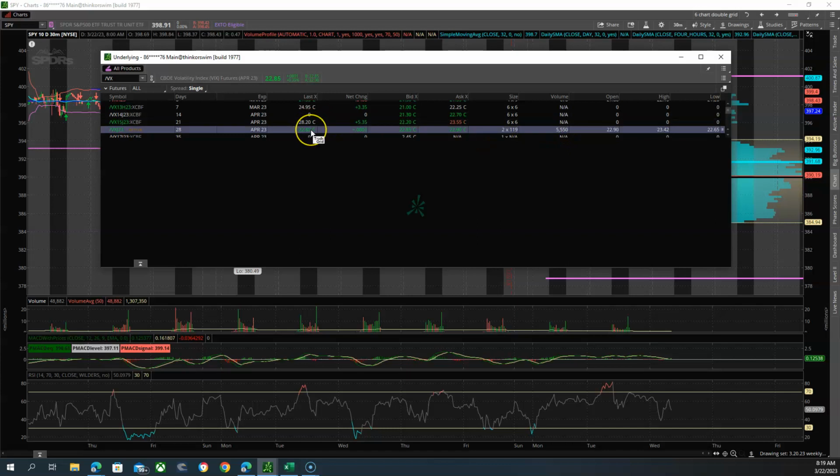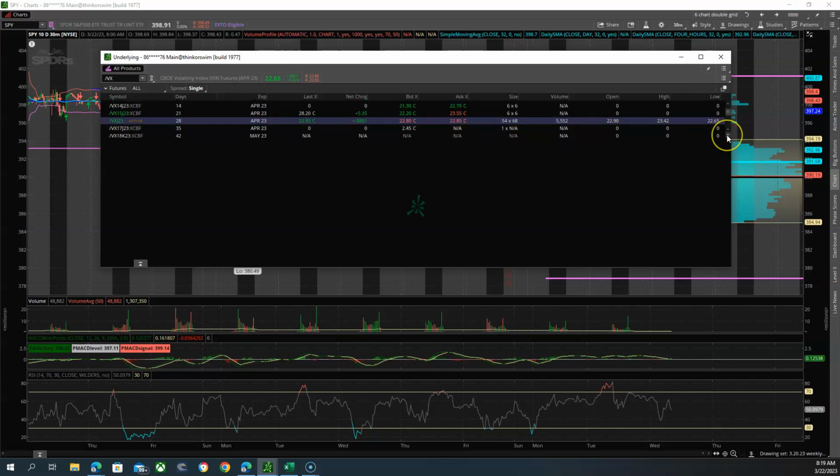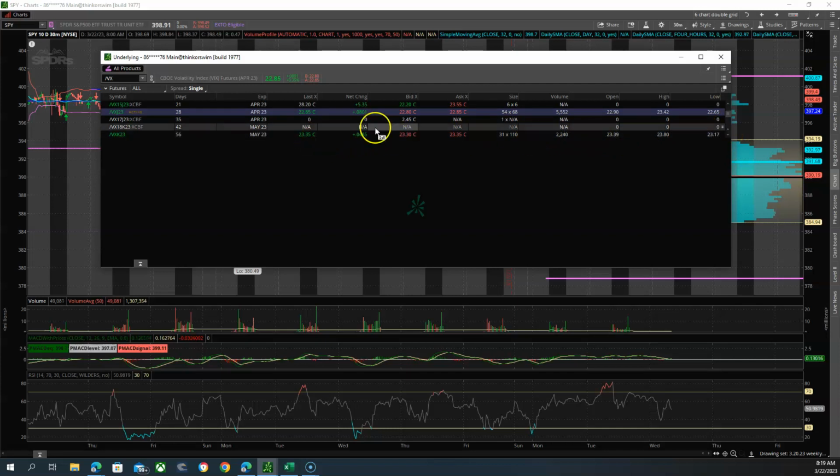We can see we're at 22.85, and that's the April expiration. Then below that, the next one to have volume is the May expiration, and it's at 23.35.